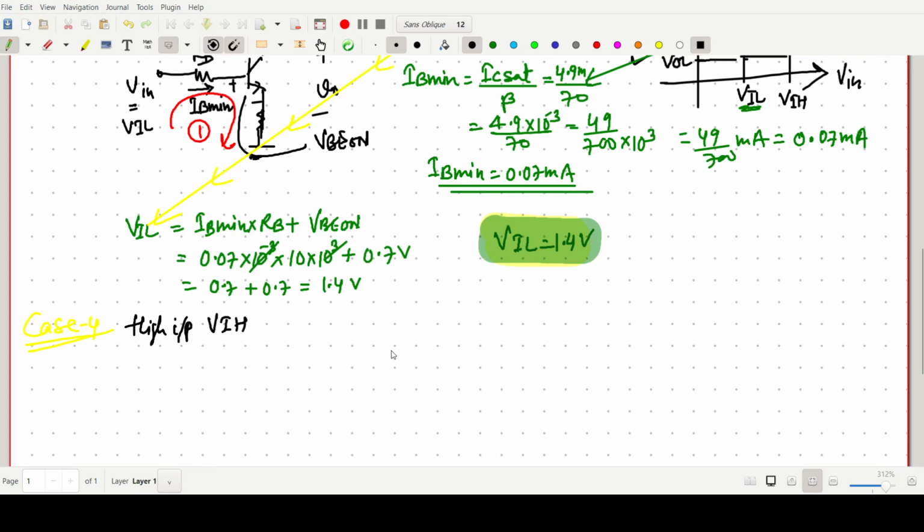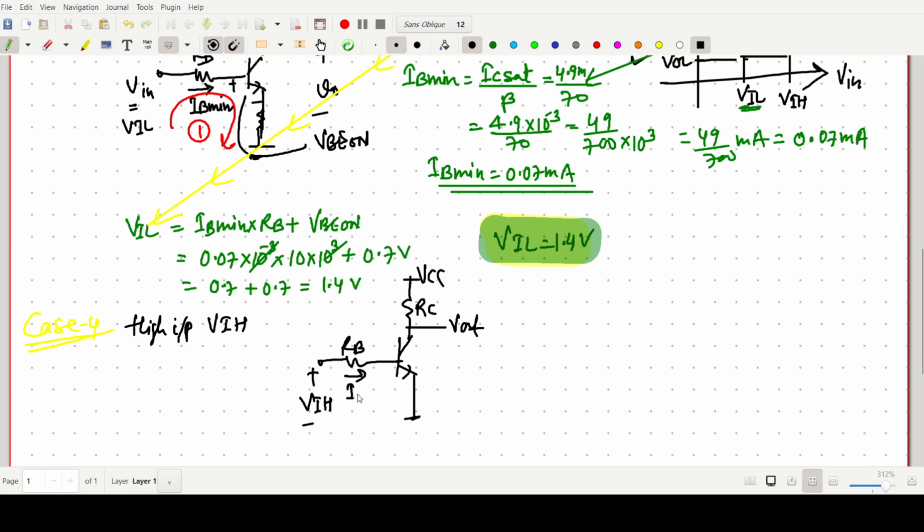This one is again I am making the same circuit: VCC, V out, RB, and say this one is RC, and this one is for a high input.